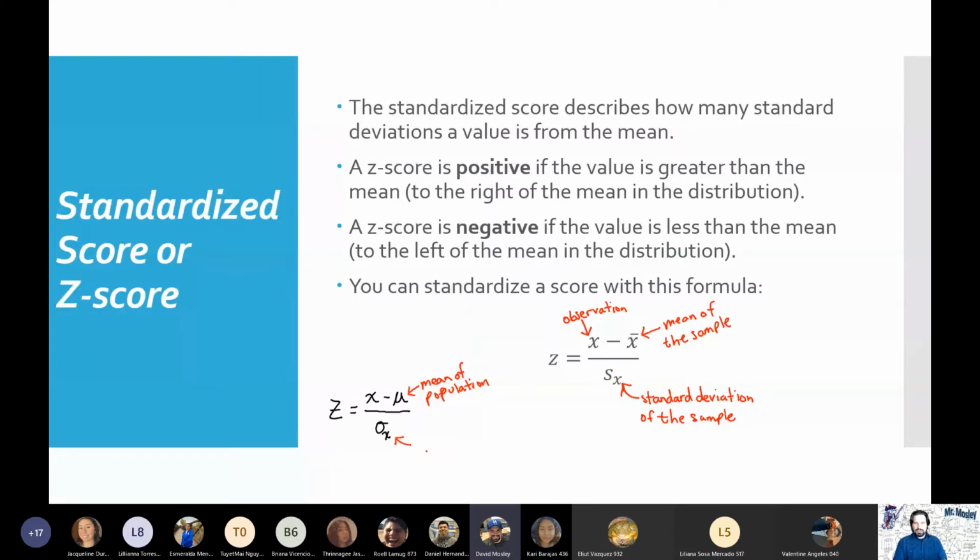If I have the mean of the population, that means I can get the standard deviation of the actual population, and that's what this symbol represents. The calculation is exactly the same. It's just we have to be careful with the notation that we use because they do have special meanings.